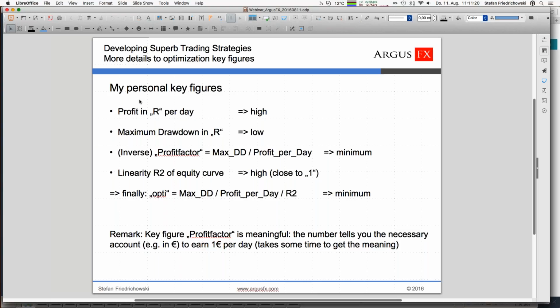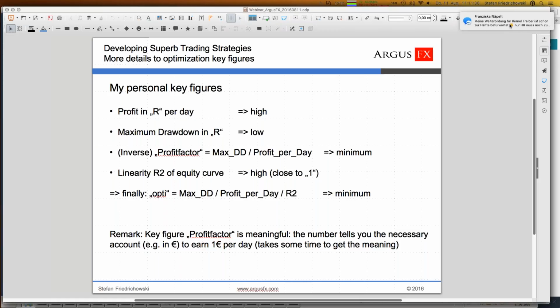And so the final number I always optimize, which I call personally opti, is always a variable in my C code. This is always called opti. And finally, that number is calculated as maximum drawdown divided by profit per day divided by R square.